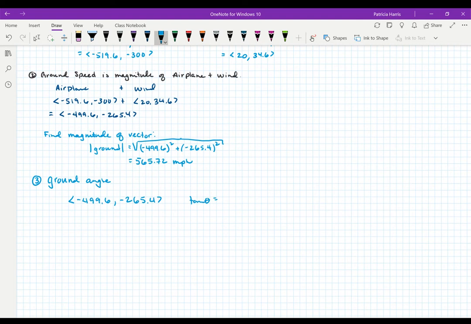So tangent theta is equal to negative 265.4 divided by negative 499.6. If we use the inverse, tangent inverse of 265.4 divided by 499.6, we get 27.9798 degrees.